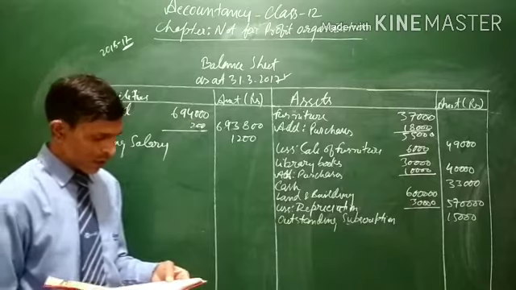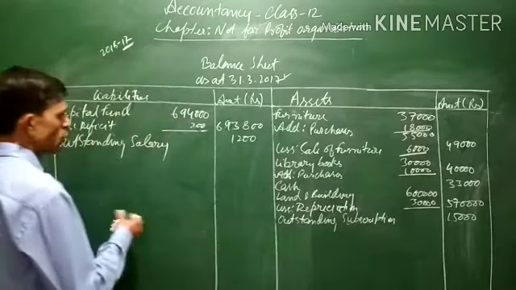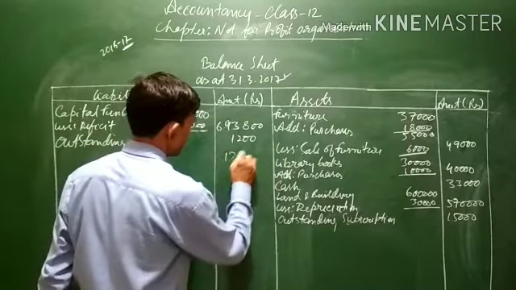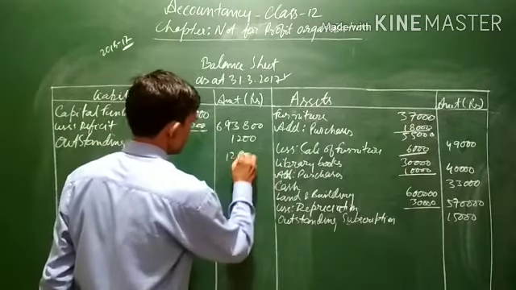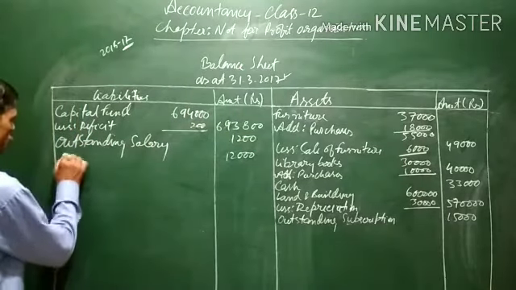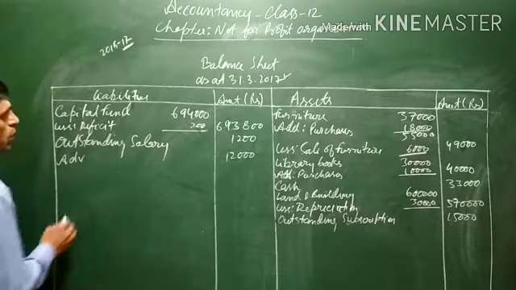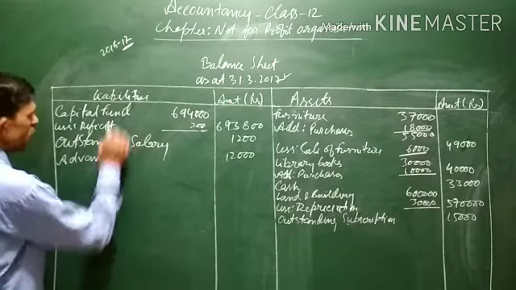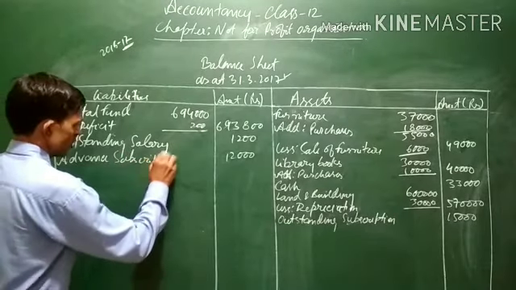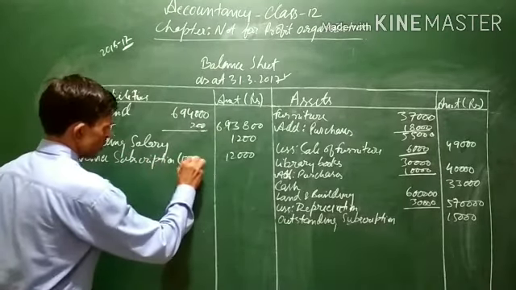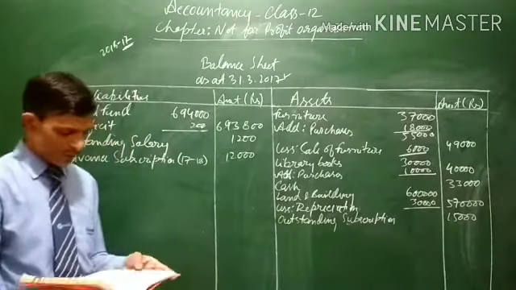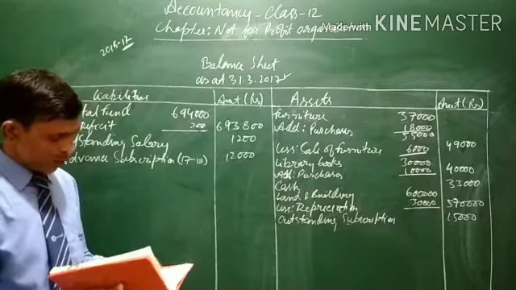Now one more thing: for 2017-18, 12,000 is received. Since this 12,000 is received in advance, this is an advance subscription. It is a liability for the NPO, so it will be written on the liability side of the balance sheet. Advance subscription 17-18, 12,000.